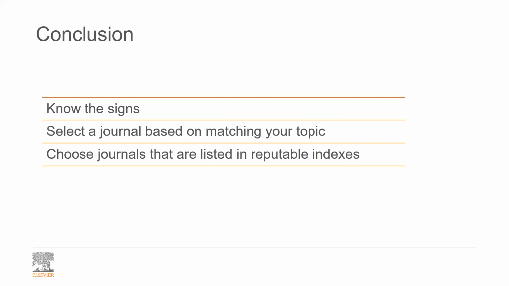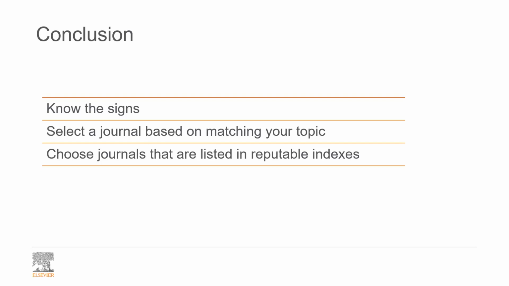So in conclusion, is to know the signs, right? So to know all the red flags that we've mentioned, the email solicitation, etc. Know the signs, and then select the journal in which you want to publish based on matching your topic, looking at the aims and the scope, and using the criteria that we've discussed, making note of whether the journal is peer reviewed, and whether it has an editorial board that is recognizable or verifiable.